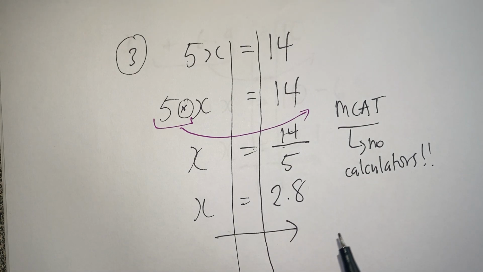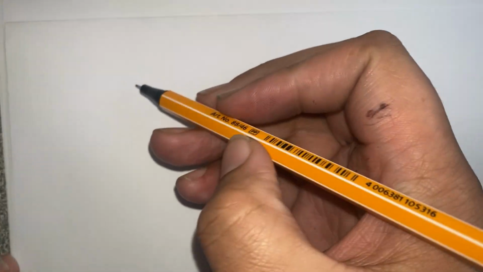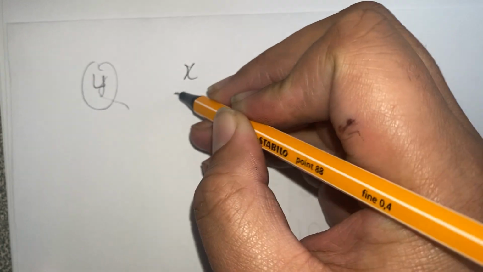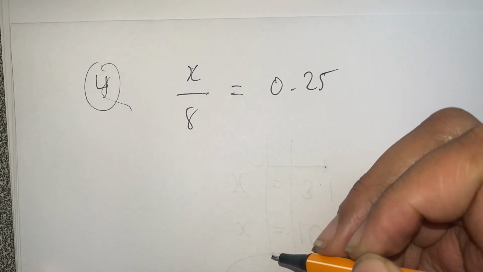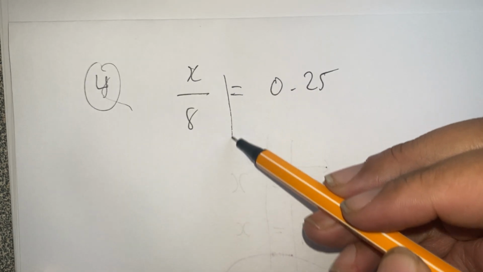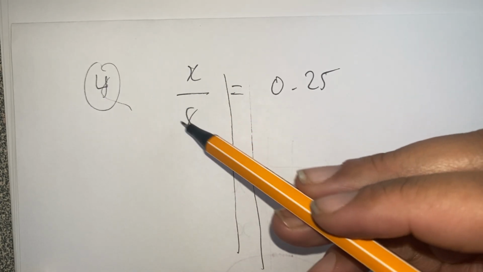Sweet. So your final question for your one step is question 4, x over 8 equals 0.25. On this side of the equation, I want to get rid of this 8.